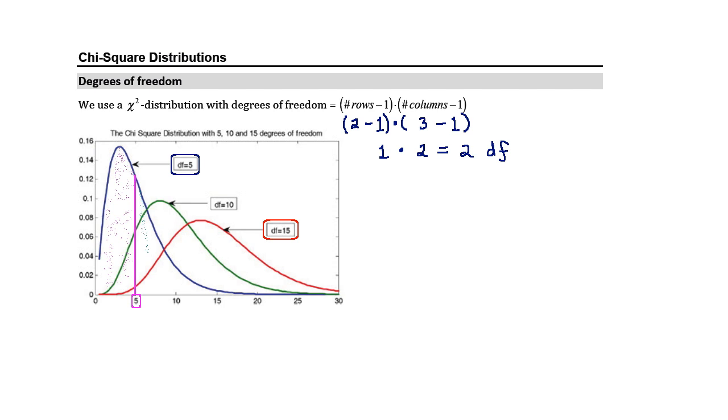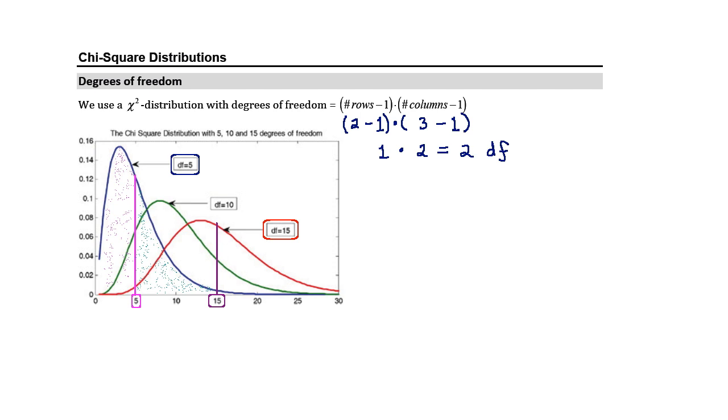As we know, that's really true of the median, not the mean. The mean would be slightly to the right of that point because this distribution has right skew, but it's only very slightly to the right, so that statement still is almost true. We can look at the other values of degrees of freedom here and see that that continues to hold. For 15 degrees of freedom, you can see that 15 is pretty much the center of that distribution.